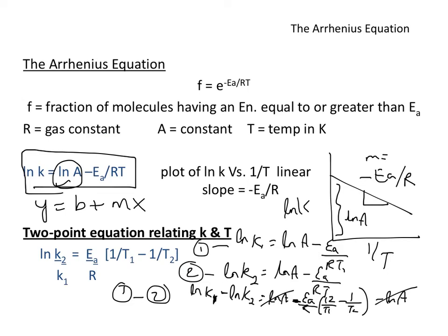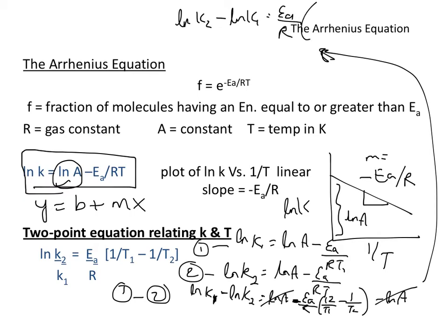Since there is a negative sign on the right hand side, I can multiply the whole equation by minus 1, so that will look like natural log of k2 minus natural log of k1 is equal to Ea over R, 1 over T1 minus 1 over T2.